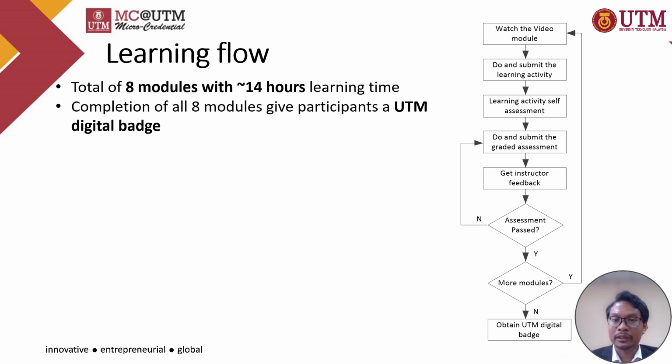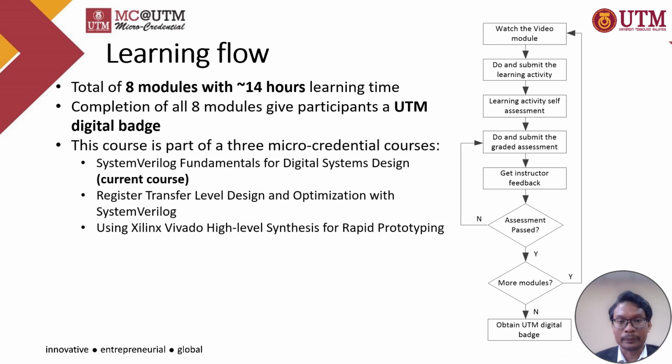Once you have submitted the graded assessment, you will get feedback from myself, and if you pass the assessment, you can proceed to the next module. However, in the case that you have failed the assessment, you may retake another assessment and get a second feedback from myself. And once you have completed all the 8 modules in the learning flow, you can then apply for a UTM digital badge.